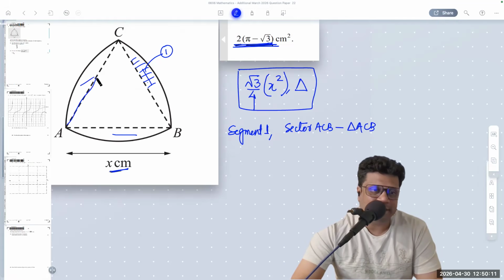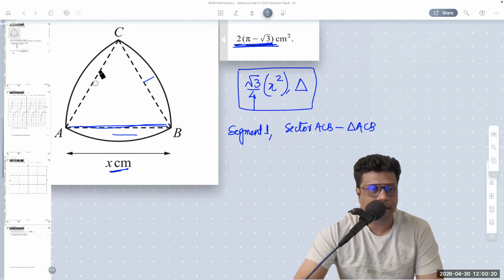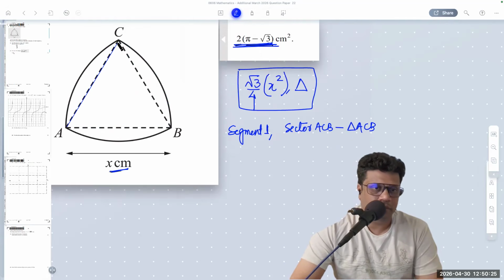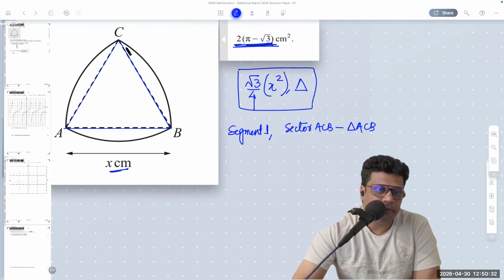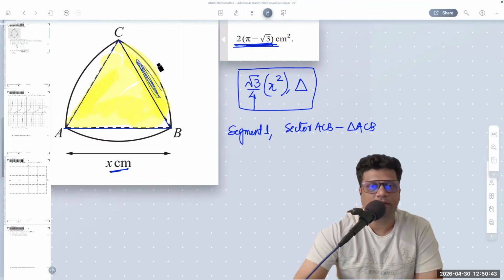Remove the triangle here from the sector, this whole sector. Let me be a little more clear here. That's a triangle. Remove that triangle from this sector, this whole thing. What you remain with is just that segment. Okay, that's what we're going to do.